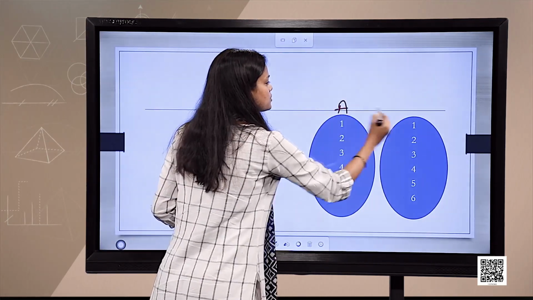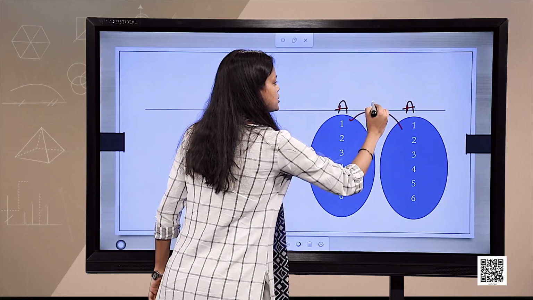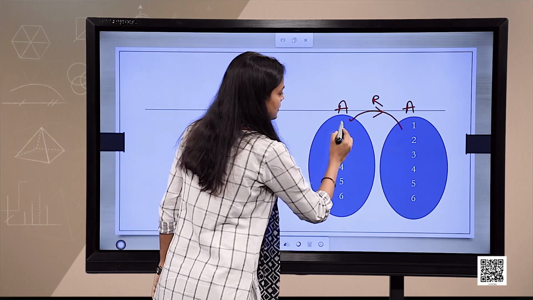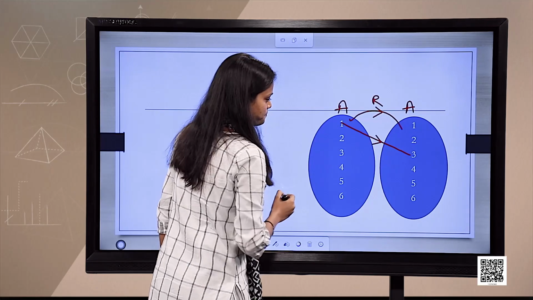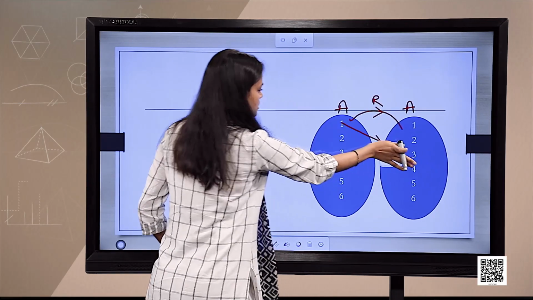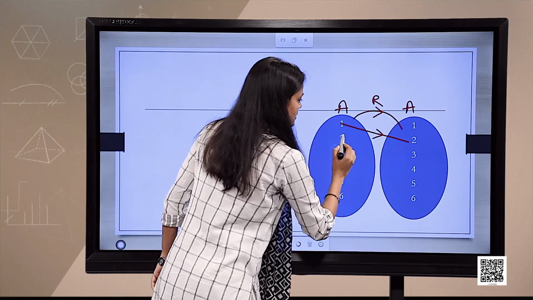Again, these are two sets A and A. I am defining a relation R from A to A and the arrow diagram is giving me like this.